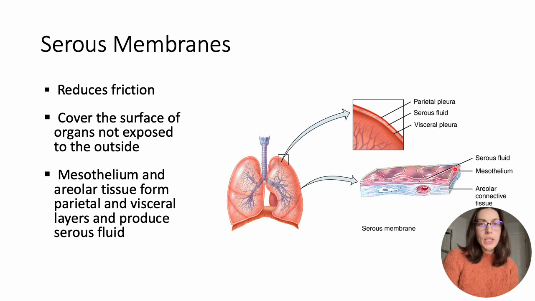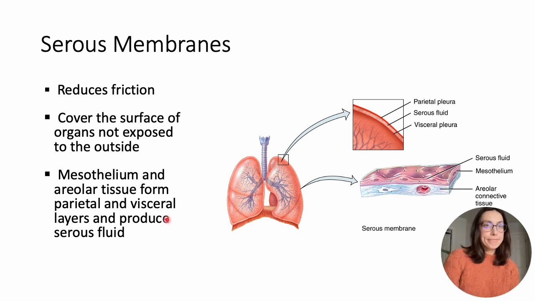The epithelium that makes up serous membranes is called mesothelium. Together, mesothelium and areolar tissue create a serous membrane, and it makes up both parietal and visceral layers of serous membrane. They will vary a tiny bit depending on whether we're talking about pericardium, pleura, or peritoneum, the specific serous membranes in the body.